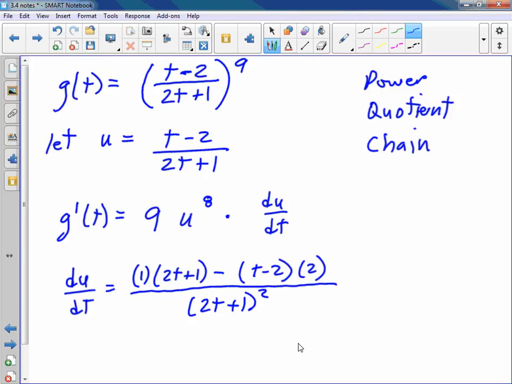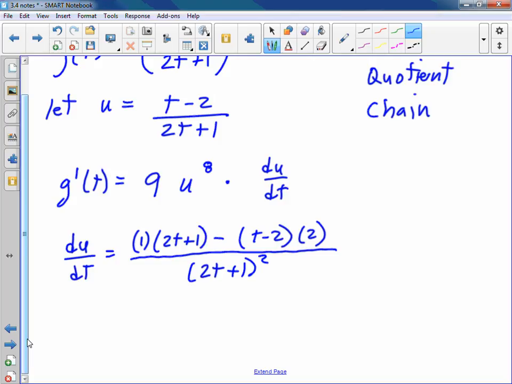Okay, so now let's put them together. So g prime of t equals, no, we're going to start out with this. Over 2t plus 1.